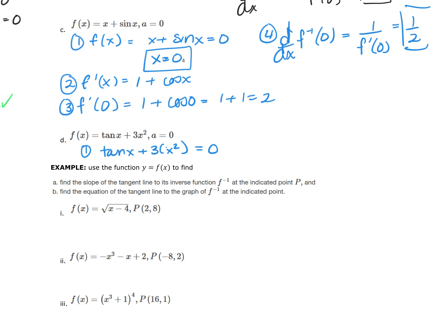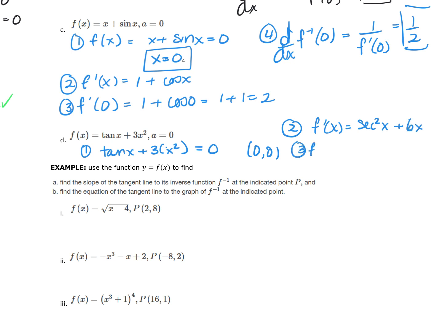So again, my x that produces 0 is going to be the ordered pair 0, 0 again. So nothing surprising there. Second thing I'm going to do is find f prime of x, and the derivative of tangent is secant squared of x, plus 3 times 2, which is 6x.